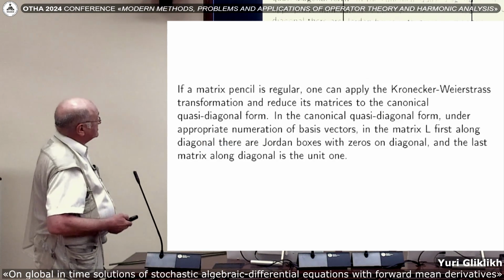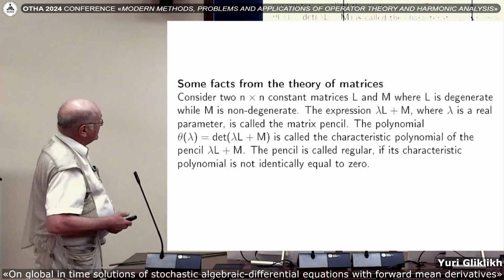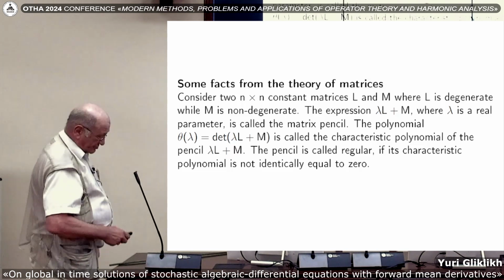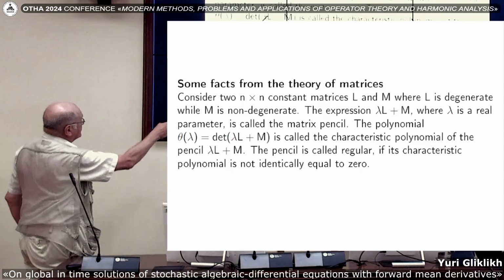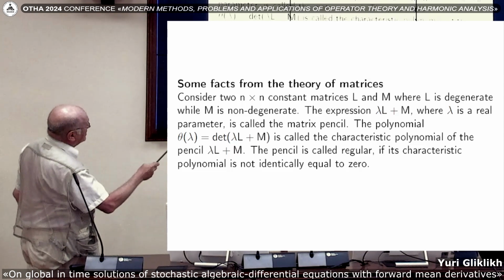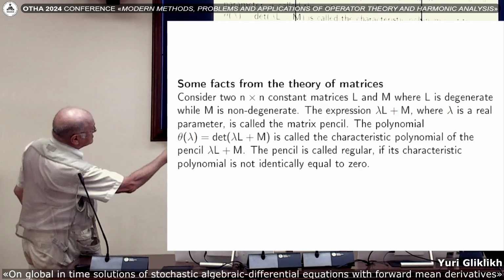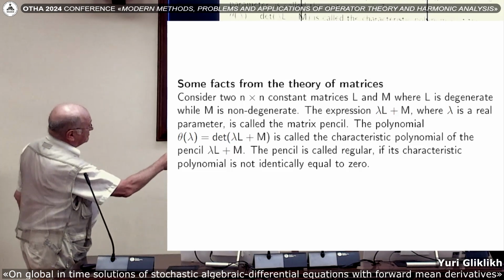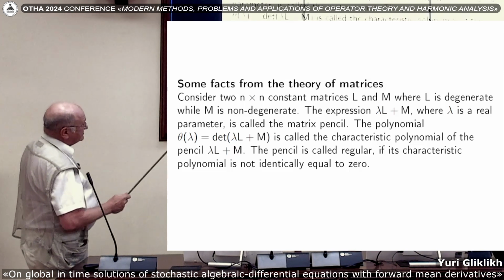Now, to start, we need some facts from the theory of matrices. If we have two n by n constant matrices, M and L, where L is degenerate and M is non-degenerate, the expression lambda L plus M, where lambda is a real parameter, is called the matrix pencil.